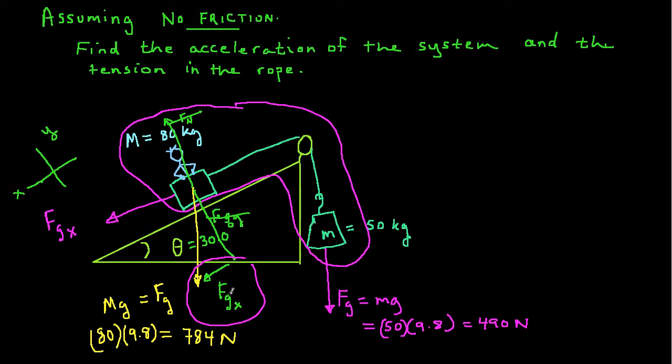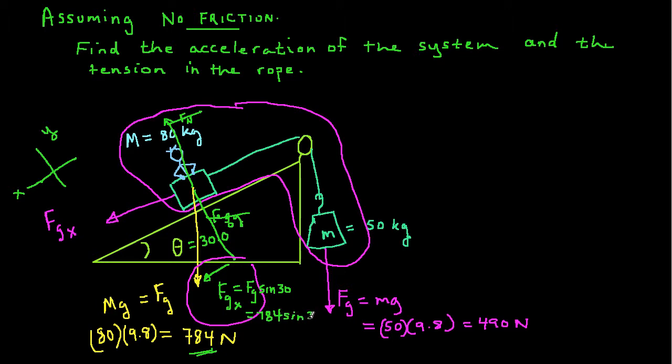So back here, FGX is equal to FG times the sine of 30. So that's going to be equal to 784, because that's what FG is, times the sine of 30.